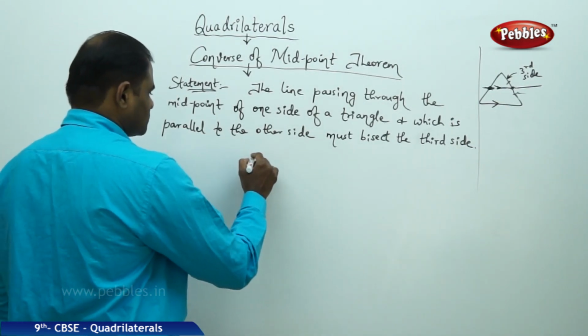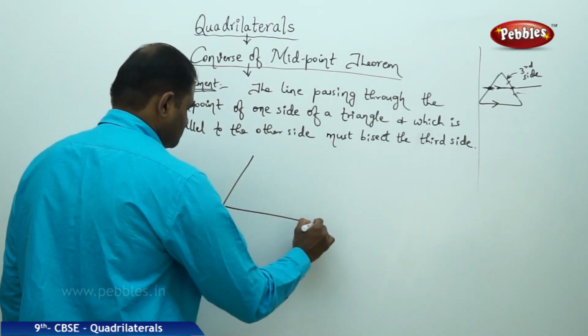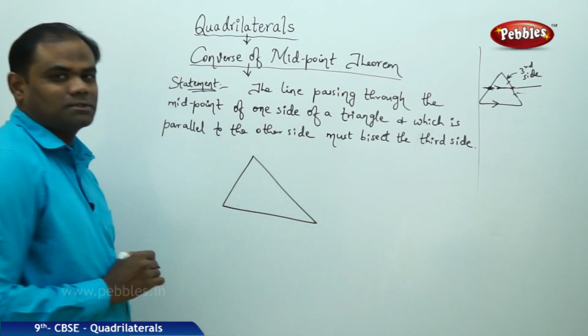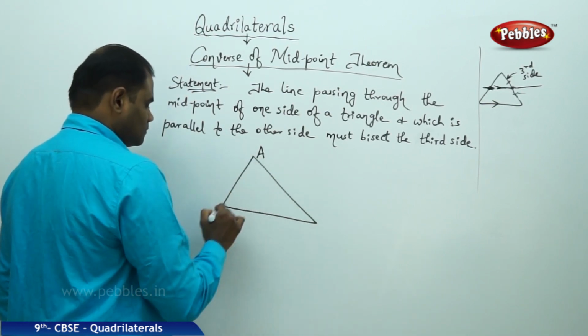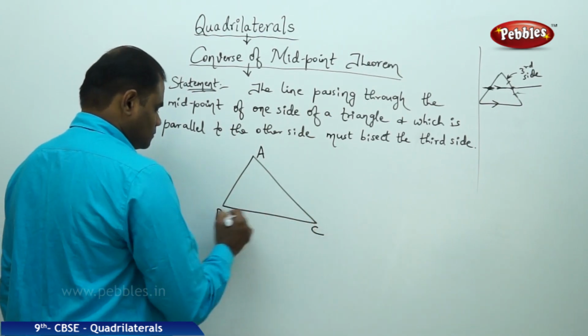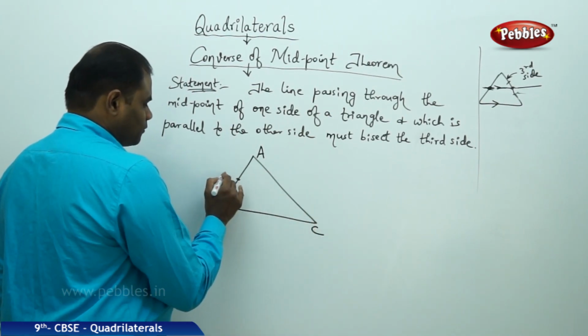So let's see the midpoint theorem in its converse. ABC is a triangle. Let D be the midpoint of AB.